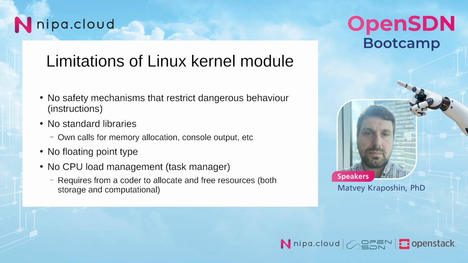So if you make a mistake in the code leading to problems with, for example, memory allocation, then in older versions of the kernel, you will lose all data. In current versions of the Linux kernel, you will have to reboot your hypervisor.